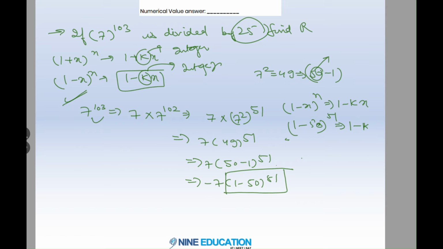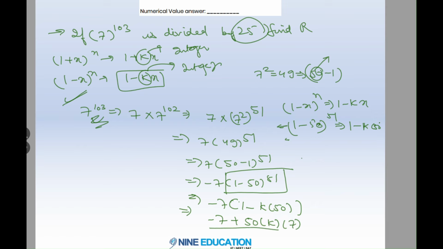So let's write it as minus 7 into (1 minus k into 50). Solving it further, this is minus 7 plus 50k into 7.